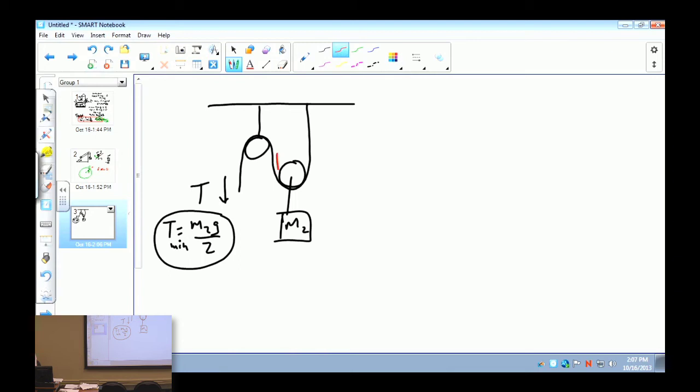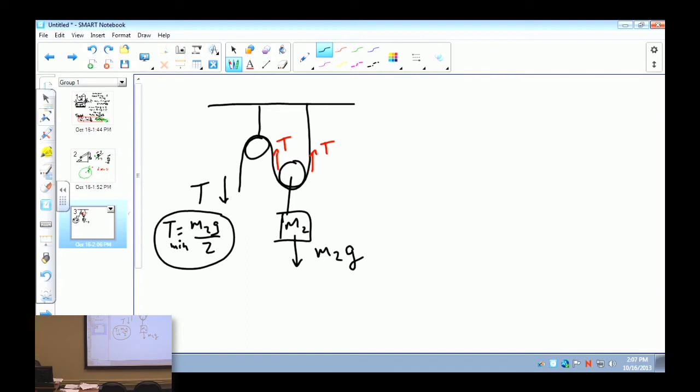And that's because the tension exists on both sides of the pulley and has to balance the force of gravity, and so therefore the minimum tension to keep this thing from falling has to be half of the weight.